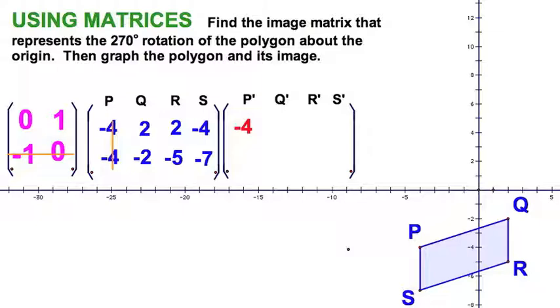Plus 0 times -4, and we see what we got there. Next column, let's go with the first row, second column, 0 times 2 plus 1 times -2. And that's going to go in the first row, second column.